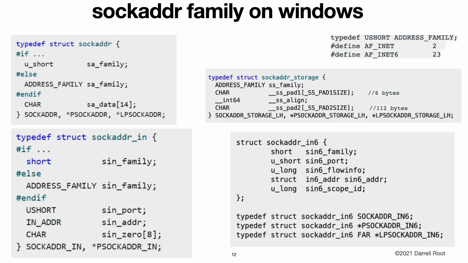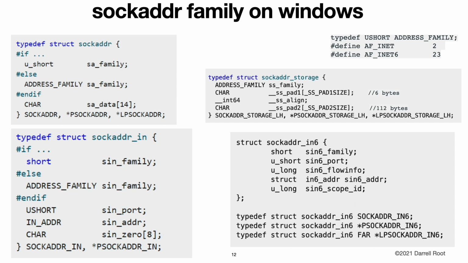Finally, we're getting to an address. We have LPSOCKADDR, which is a pointer to the sockaddr data structure. The sockaddr data structure starts with the family, and then it has 14 bytes for data. The reason for that is there are multiple types of sockets with different types of addresses, and so they wanted to make the sockaddr structure generic.